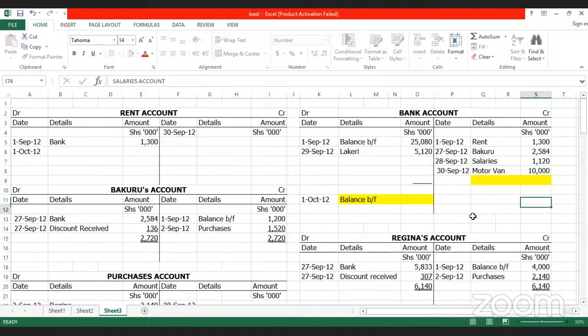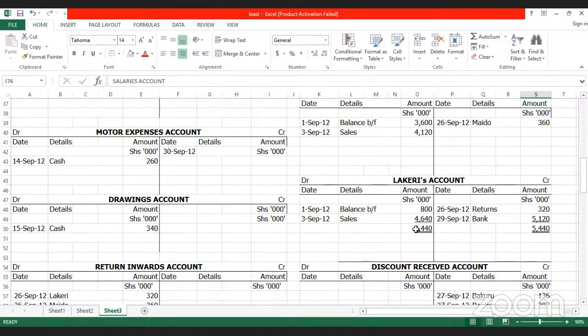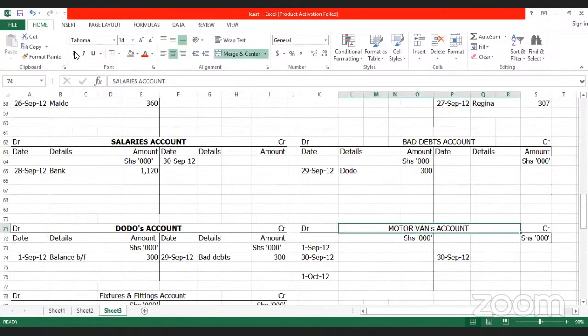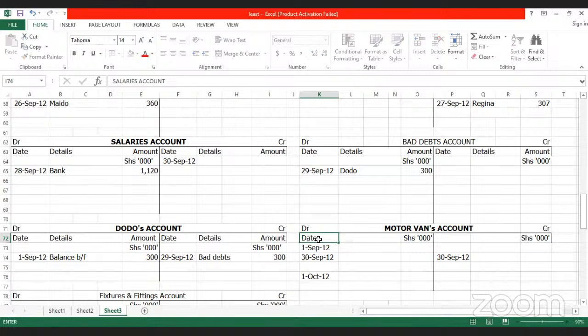Prepare the motor vans account. My motor vans account is here. Post motor van, there was an opening balance. Check that opening balance. How much is the opening balance? 9,000.